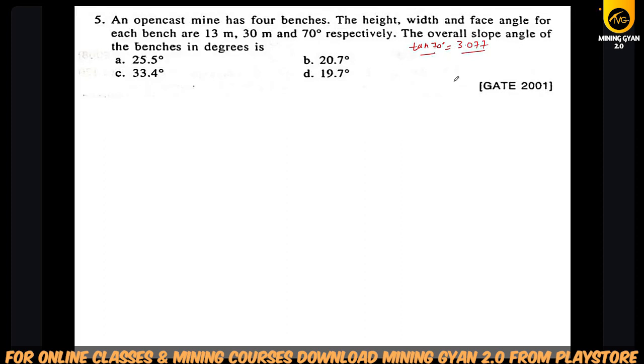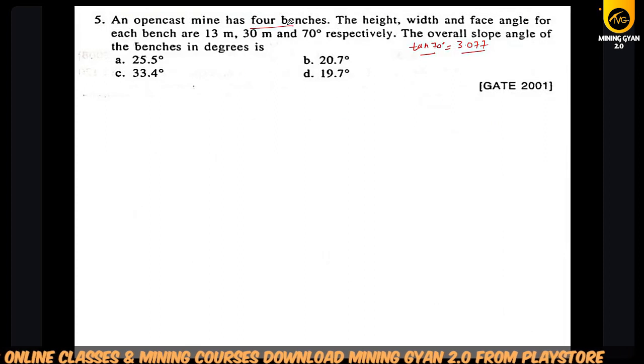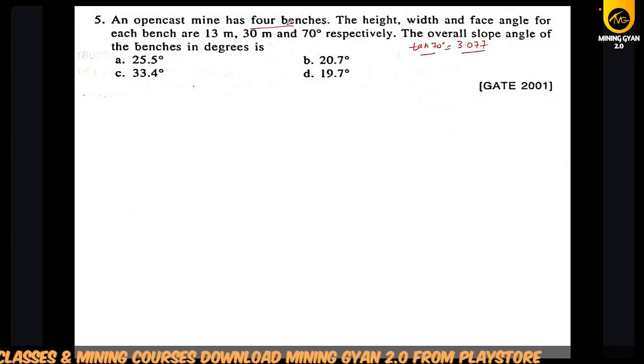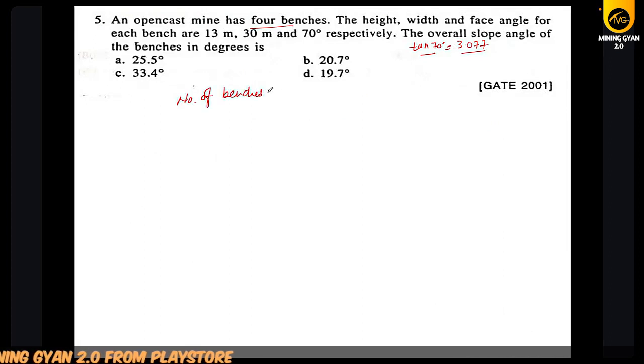This is for the overall sloping angle. In this example, I had also discussed the 4 bench, 3 bench, 2 bench. In this question, they have given us 4 benches. So here the number of benches given is 4.